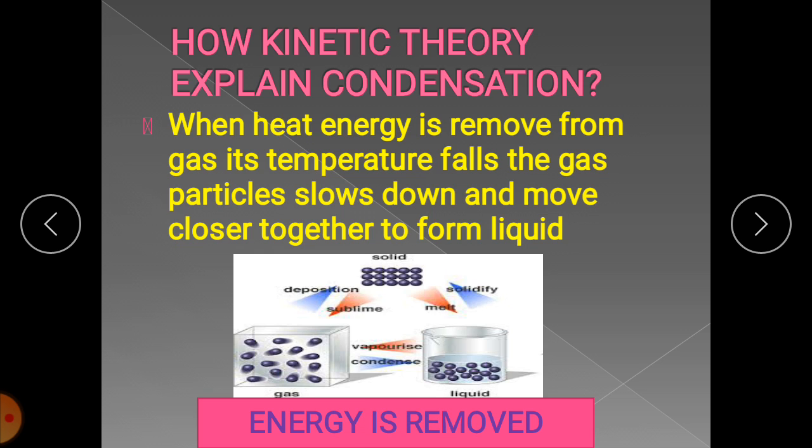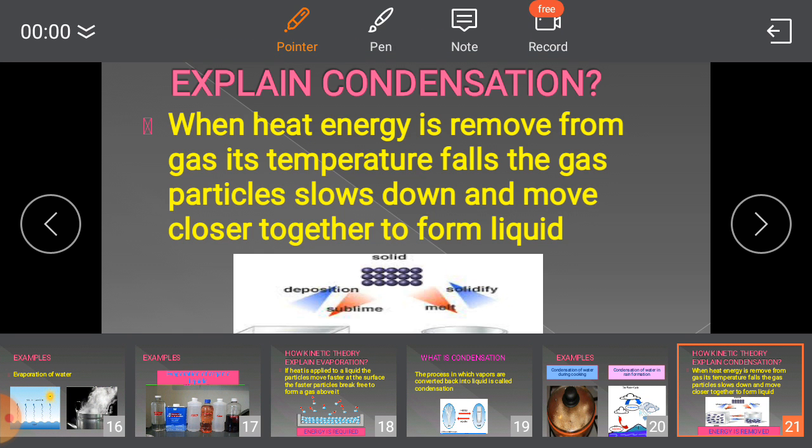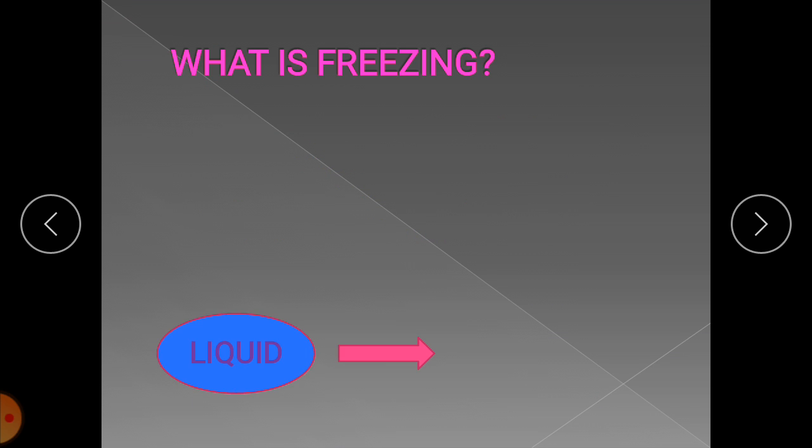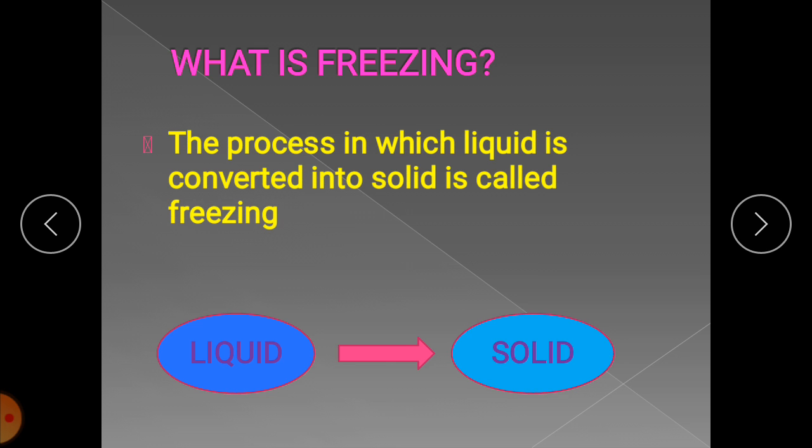And when energy is removed from the gas particles, okay, it becomes again liquid, and this process is known as condensation. What is freezing? When liquid becomes solid, you all know that we normally freeze so many things in our freezer. Okay, so when liquid converts into solid, this process is known as freezing.